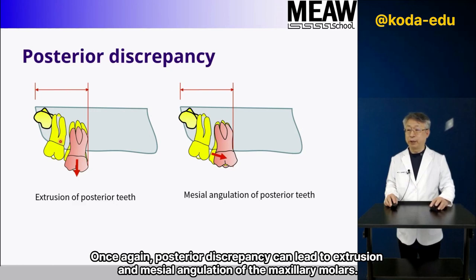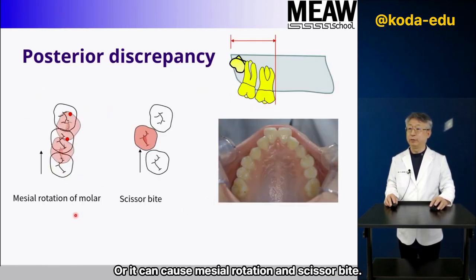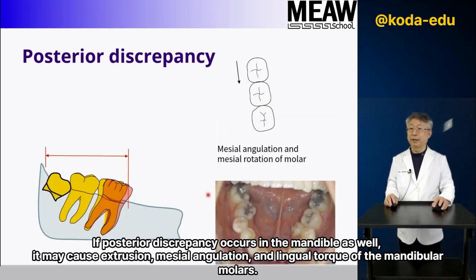Once again, posterior discrepancy can lead to extrusion and mesial angulation of the maxillary molars, or it can cause mesial rotation and scissor bite. If posterior discrepancy occurs in the mandible as well, it may cause extrusion, mesial angulation, and lingual torque of the mandibular molars.